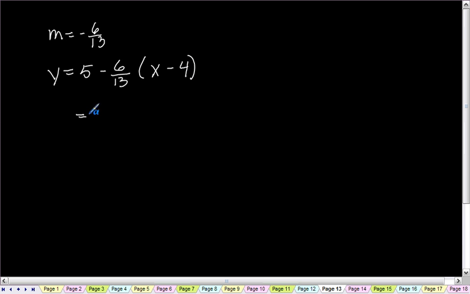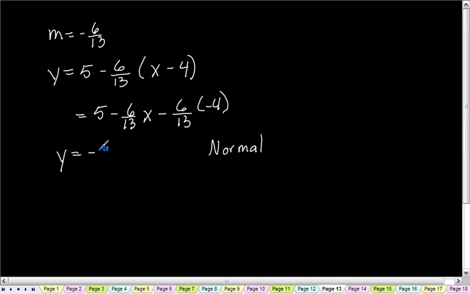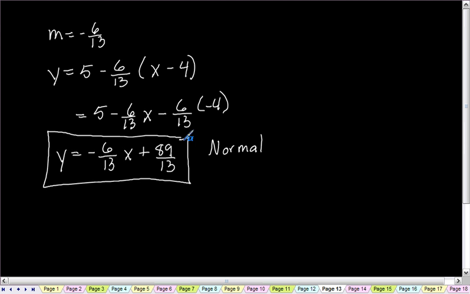Take 5, distribute that, negative 6 over 13 times negative 4. To do all this mumbo jumbo, the equation of the normal comes out to negative 6/13 x plus a constant. That's the normal at that point, 4, 5. Hope this helps.